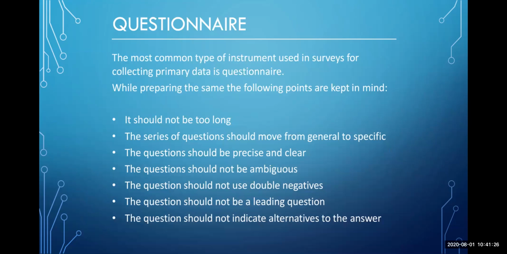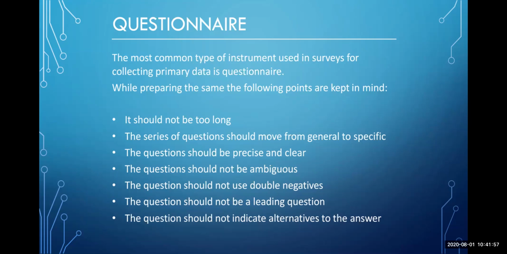While preparing the questionnaire, the following points should be kept in mind. The questionnaire should not be too long, so that respondents do not lose interest in filling all the questions. It should be apt. The series of questions should move from general to specific, which means you start with general and then move on to the specific information which you want from the respondent.